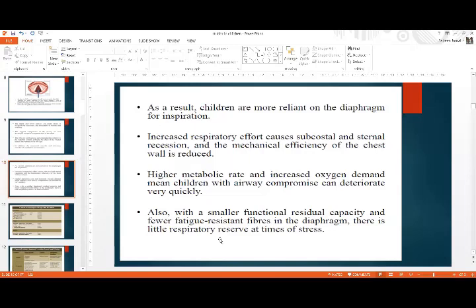All these factors, when added together, are responsible for the development of this high-pitched sound that you term as stridor. And I tell you, it is a very horrifying sound.